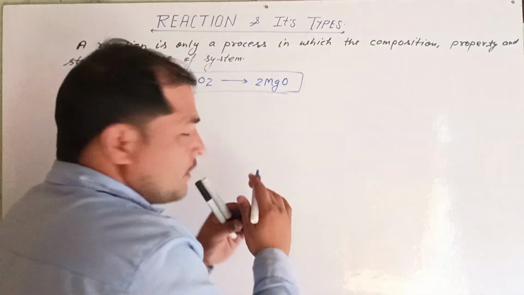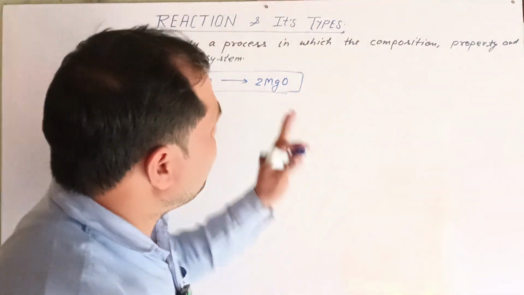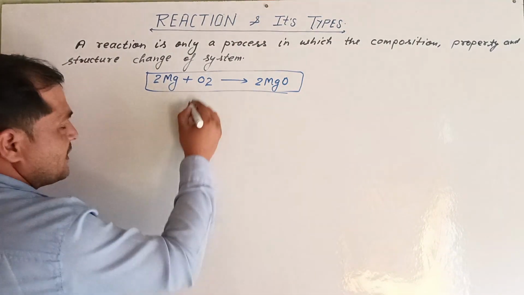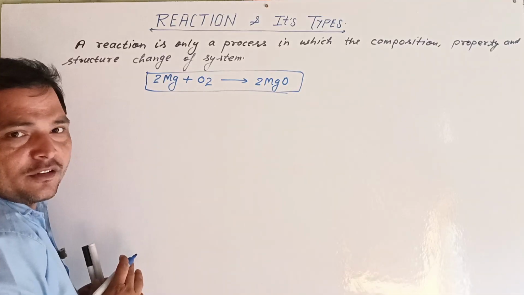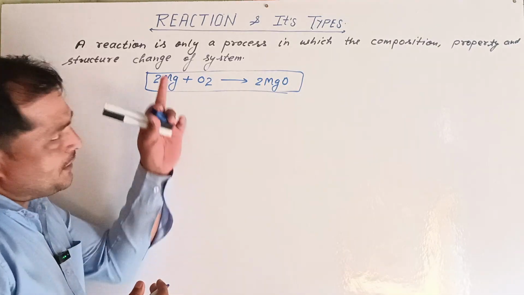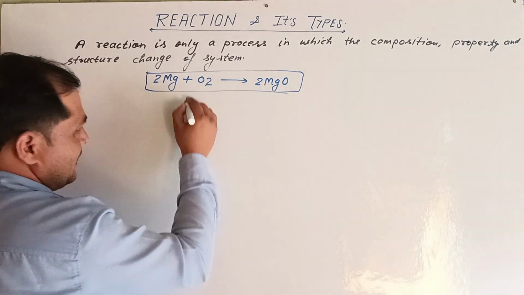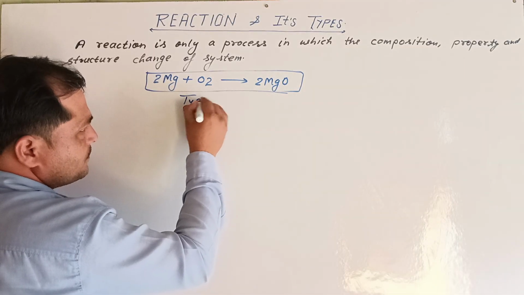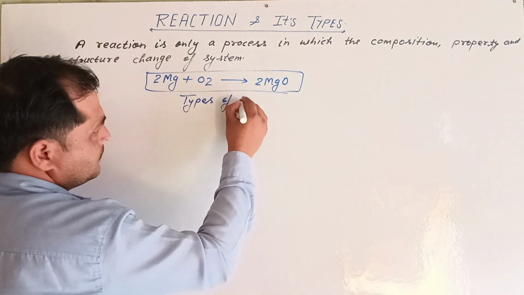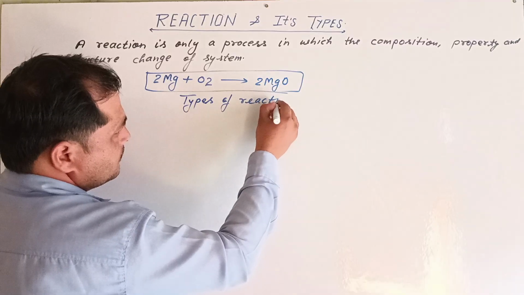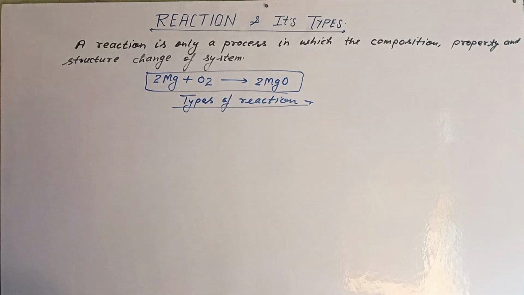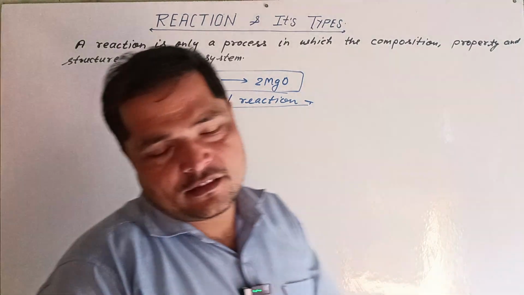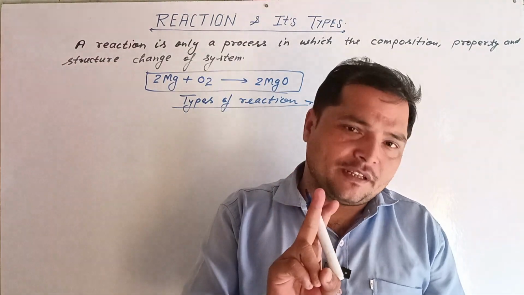Now, let us know about the types of reaction. How many kinds of reaction are there? There are only two main types of reactions.